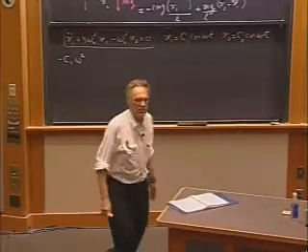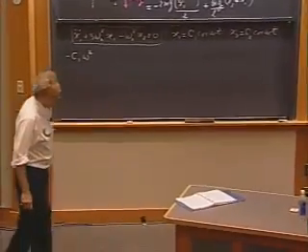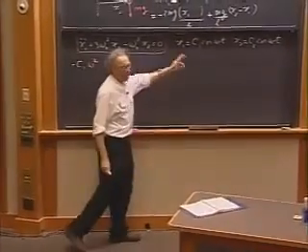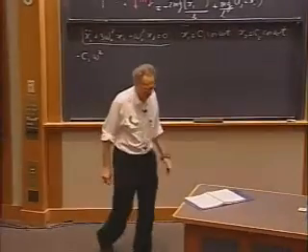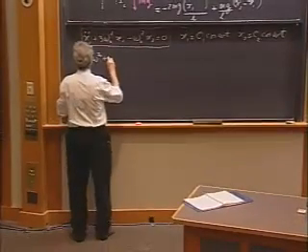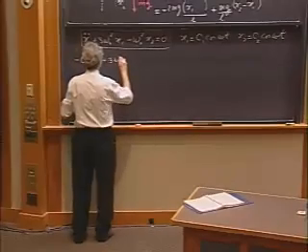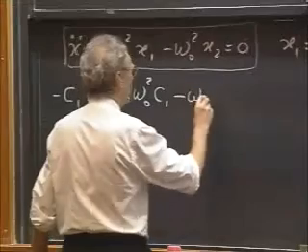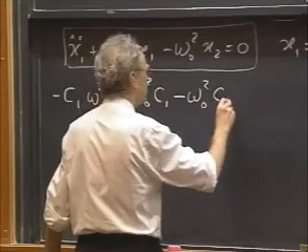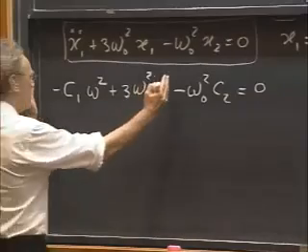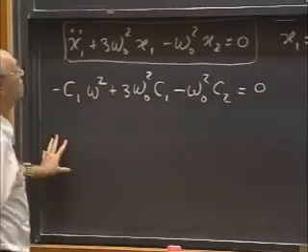I ditch the cosine omega t terms because I'm going to have a cosine omega t everywhere, so I'm not going to write down the cosine omega t. I have here plus 3 omega 0 squared times C1. I have here minus omega 0 squared times C2, and that is 0. Notice I put the C1s here and the C2 there.